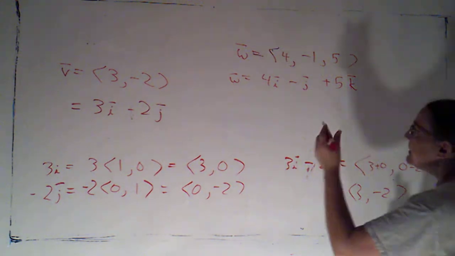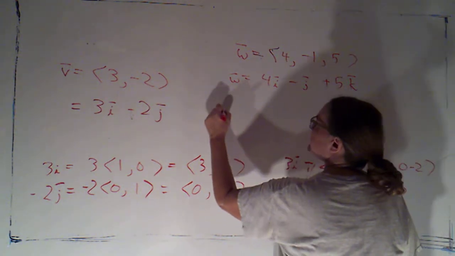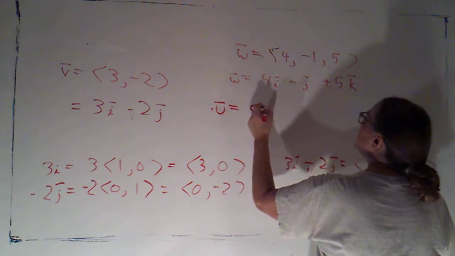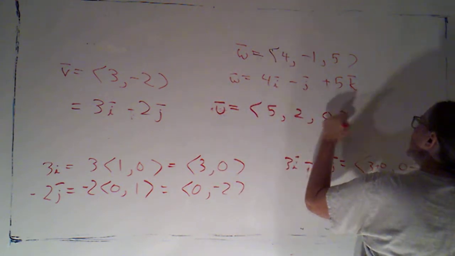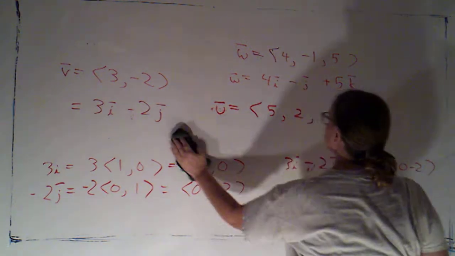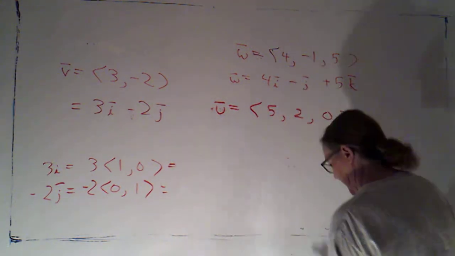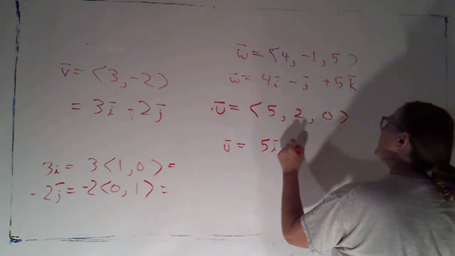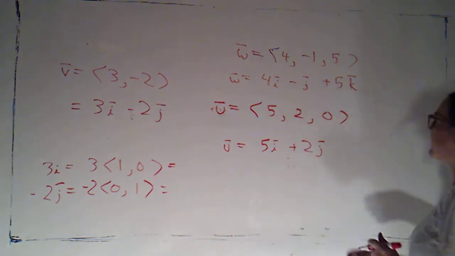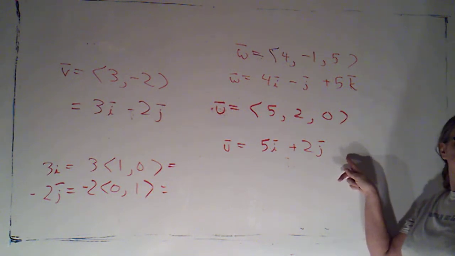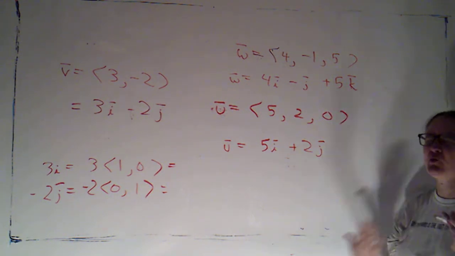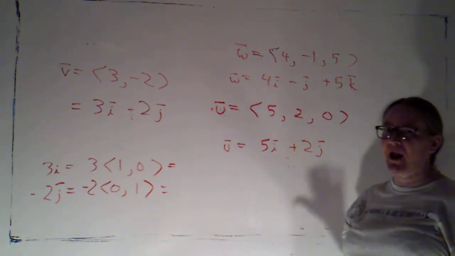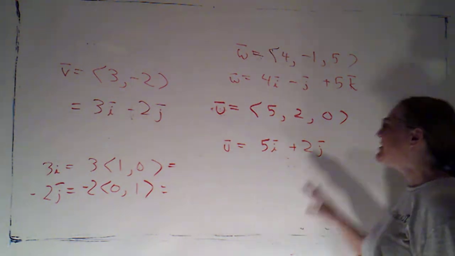Now, let's say I've got u is 5, 2, 0. That's a vector in 3 space. u would be 5 copies of i plus 2 copies of j. Now I've got 0 copies of k. It's not necessary to write that I have 0 copies of k. Usually when I don't have anything, I don't bother to write plus nothing. So I could write this.